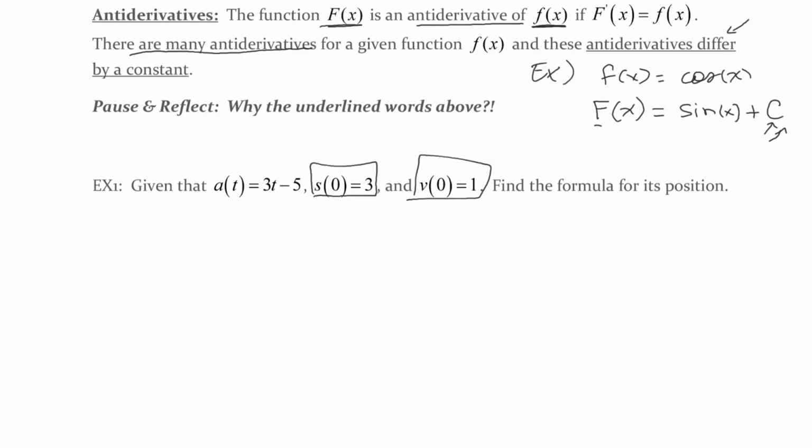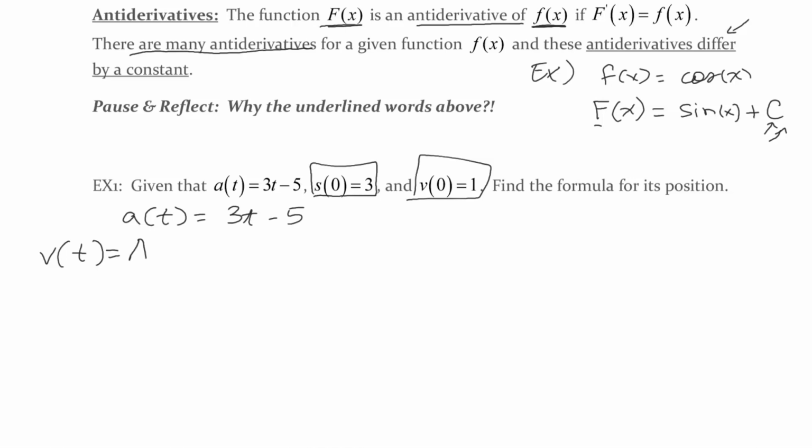For example, if the acceleration a of t is 3t minus 5, then we would say the velocity function is the antiderivative of 3t minus 5, right?